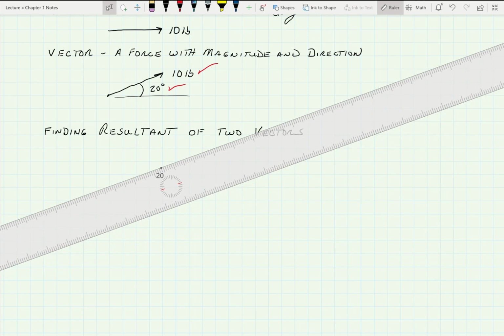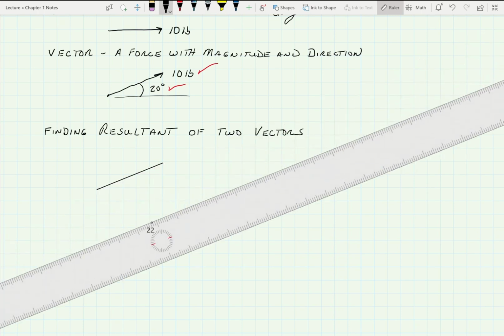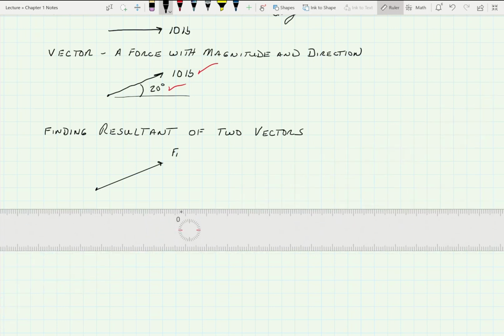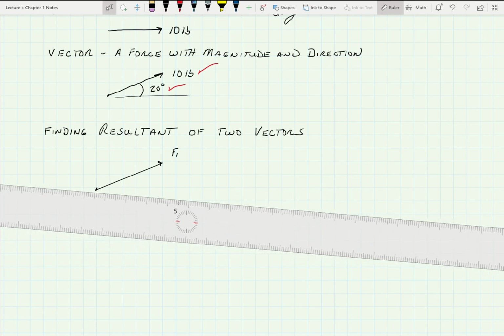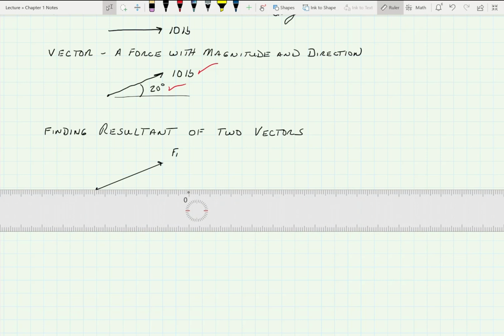Let's make it like so. We're going to go from that spot up. Alright. So that's going to be F1. Okay. And I'll keep it nice. We'll do, I'll do it square. Or not square, but we'll do it this way.